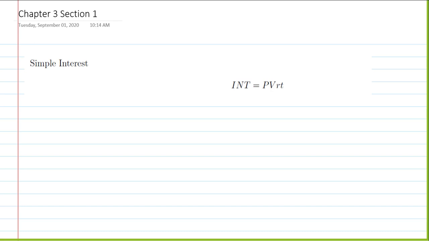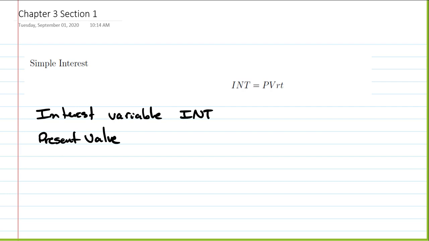So for our interest, the variable is INT, and for our starting amount or our principal, in finance books they use the principal or the present value, and for its variable, they will use PV.